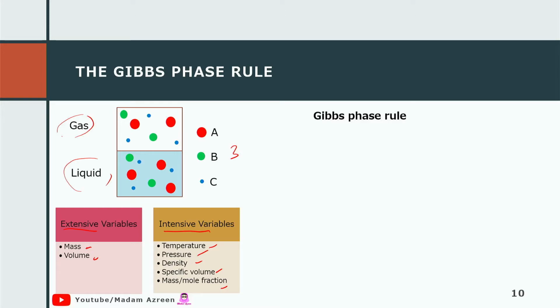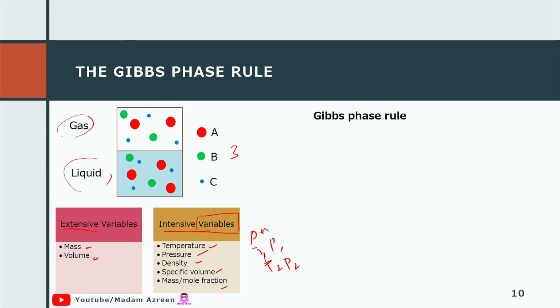It is really different at one temperature and pressure. For example, the value of vapor pressure at one temperature is different at another temperature and pressure, and it keeps on changing. That's why it's called a variable.